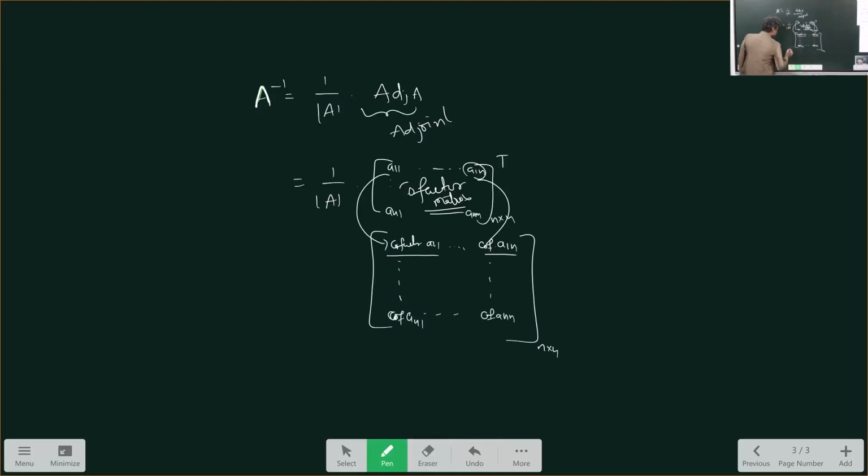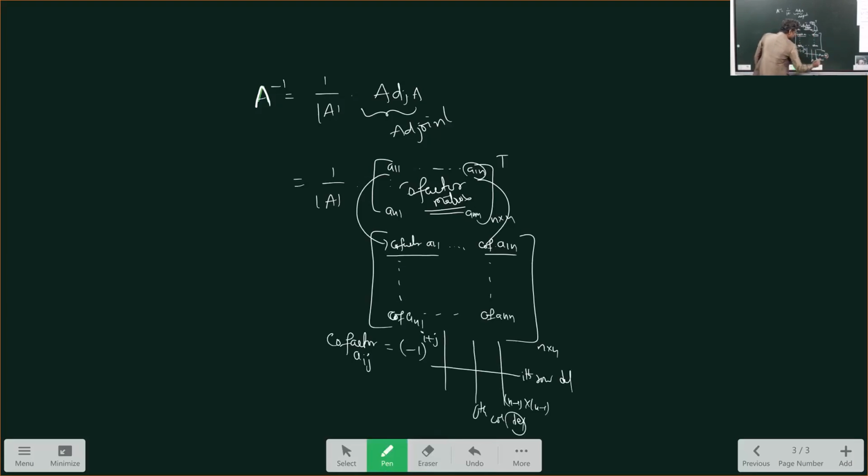Again, what is the meaning of cofactor? The cofactor of aij is minus 1 to the power of i plus j, into the minor, which is an n minus 1 cross n minus 1 determinant, obtained by deleting the ith row and jth column.